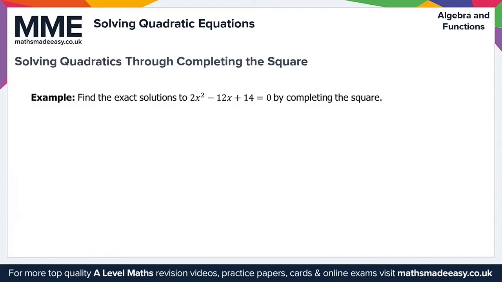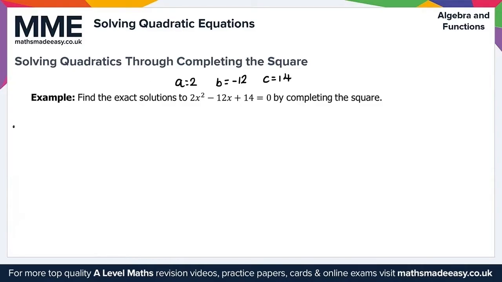Let's take a look now at solving quadratics through completing the square. Completing the square isn't the easiest method to solve quadratics, but it is useful when finding exact solutions, i.e. solutions involving surds, etc. So if we take a look at this example here, we want to find the exact solutions to 2x squared minus 12x plus 14 equals 0 by completing the square. So here we can note that a is equal to 2, b is equal to minus 12, and c is equal to 14.